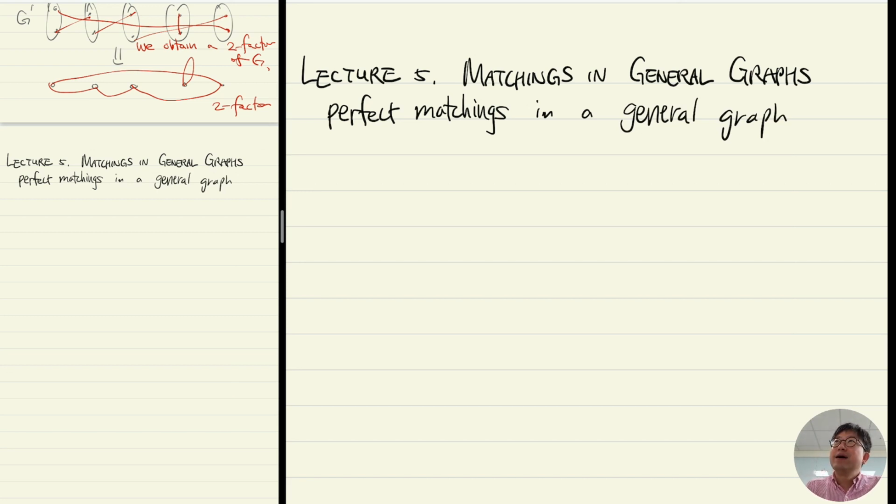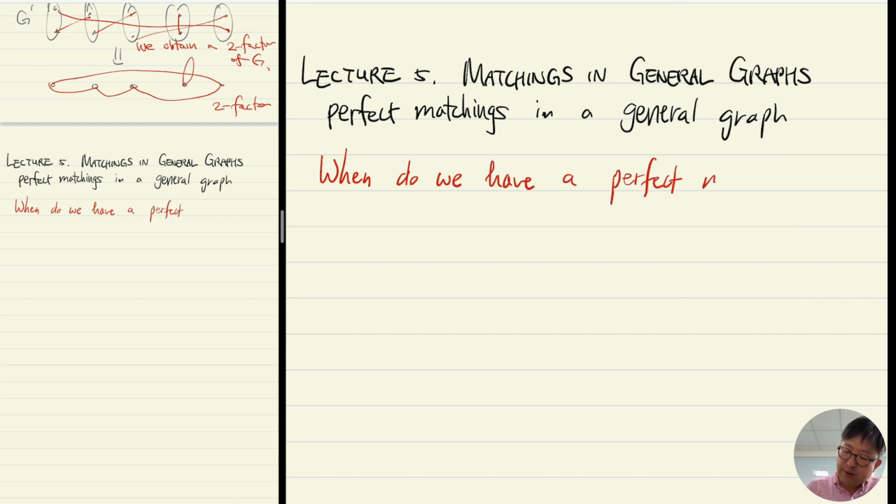All right, and so we may ask, when do we have a perfect matching? When do we have a matching covering every vertex? Well, there could be some obvious necessary conditions.